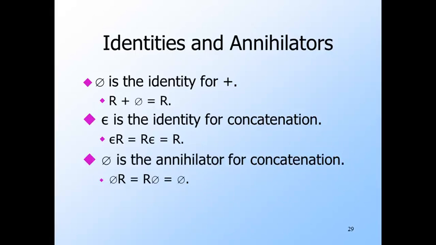That is, if we take any language, say the language represented by regular expression R, and concatenate it with the empty language, we get the empty language. Why? The result of the concatenation requires that we take strings from both languages and concatenate them in all possible ways. But you can't find any strings in the empty language to use in the concatenation of strings.